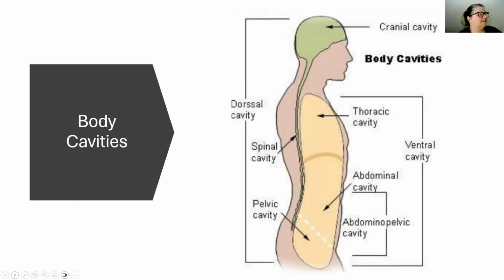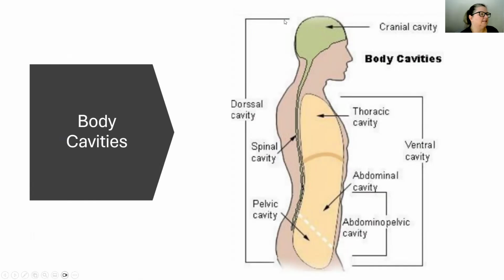All right. We also divide the body up into body cavities. So here are our body cavities. We have the cranial cavity, which houses our cranium, which holds our brain. Remember, a cavity is just an empty space.